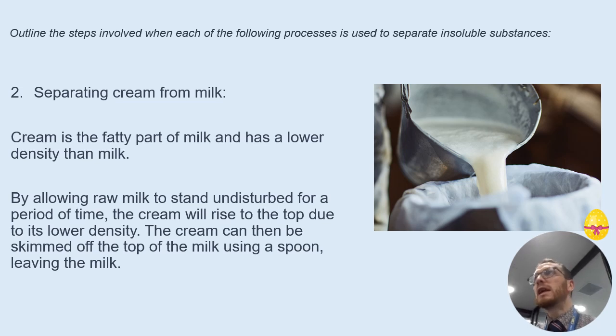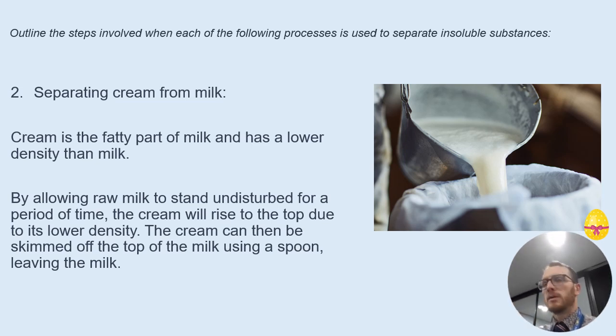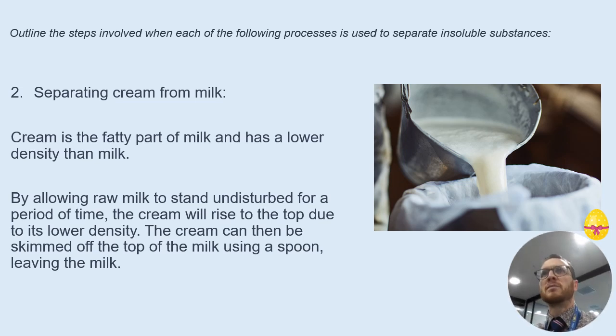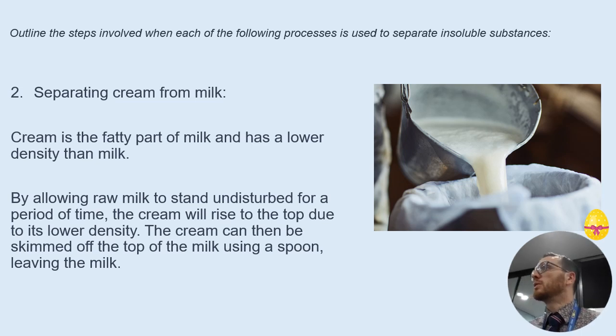So there's a watery, the whey part of milk. We can separate the fat and the milk solids that are actually dispersed through the milk when we shake it and distribute it. So in our supermarkets, we have homogenized milk. That's a process by which the fat has been distributed throughout the milk.